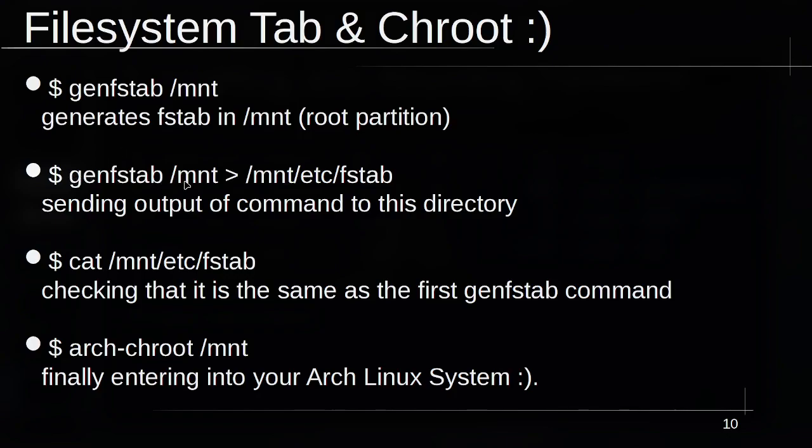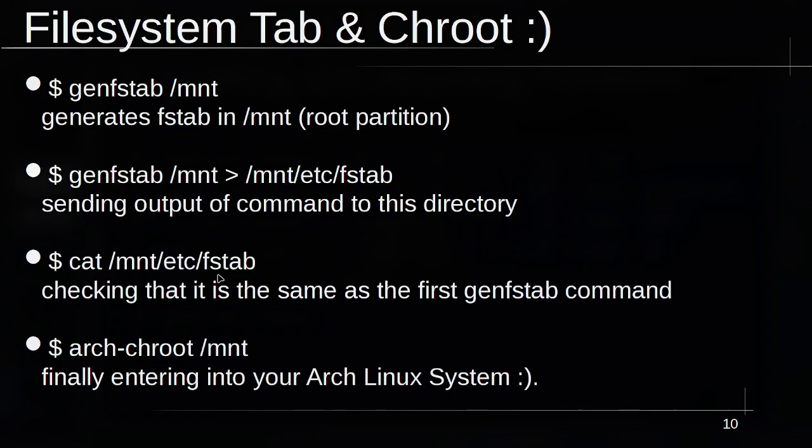genfstab /mnt, and then that's a greater than sign, /mnt/etc/fstab. So what you're doing, you're basically just sending the output of this command into this file. What you can do with this, you can just view the contents of that file anytime after you've installed.